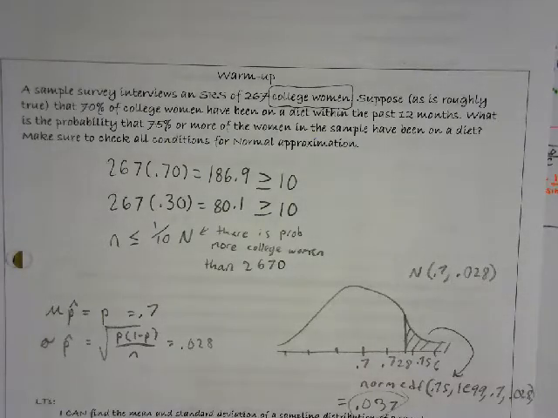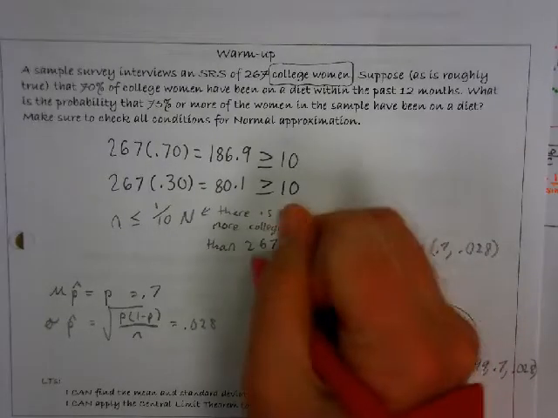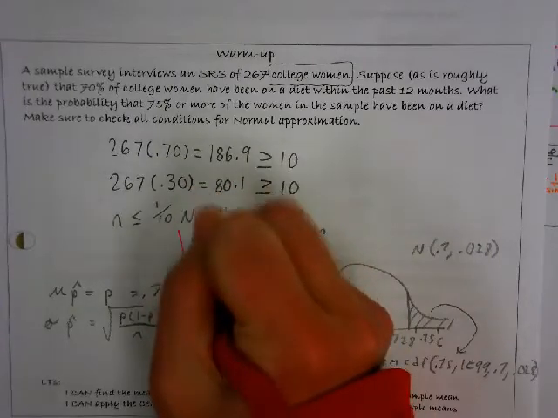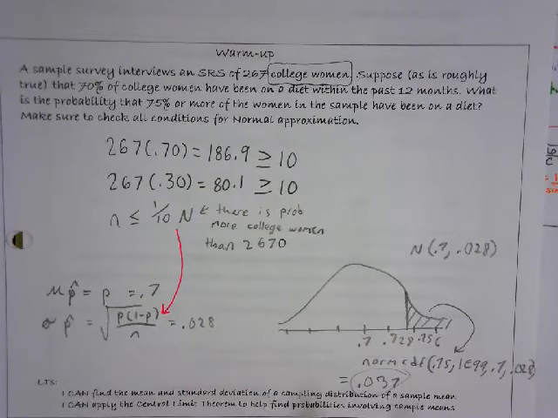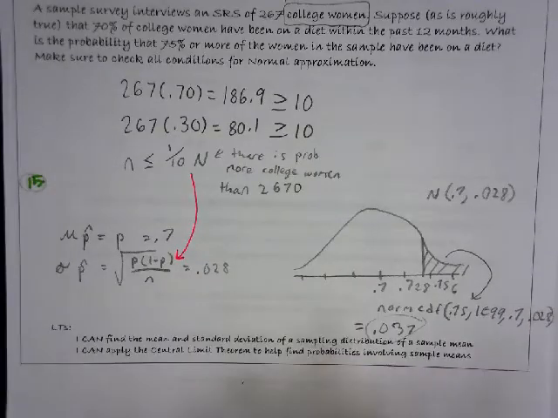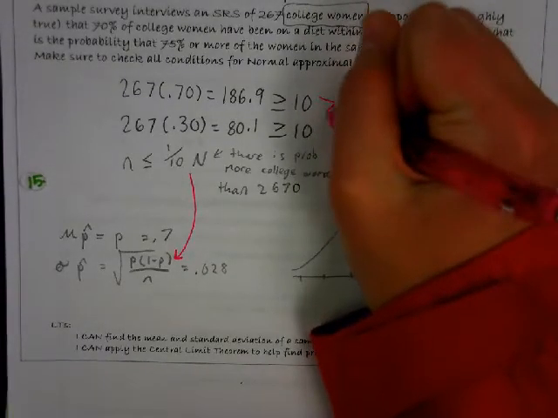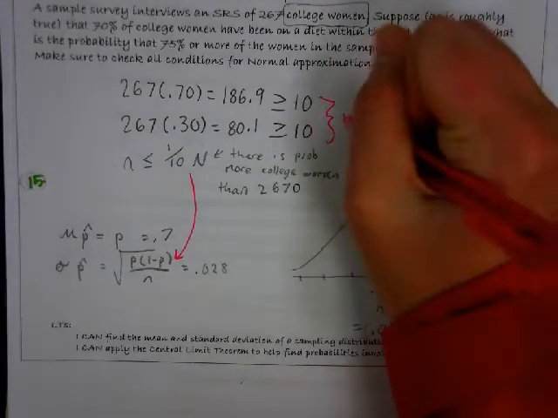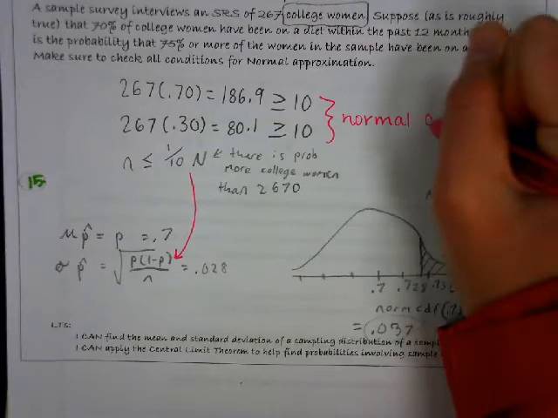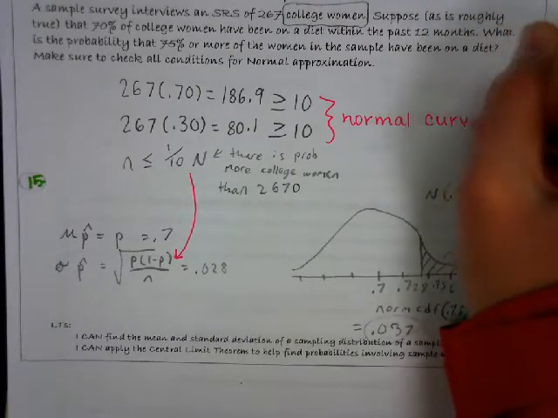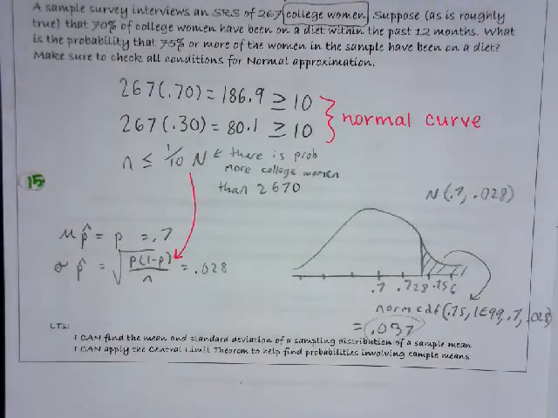After she checked that condition, which is so that we can use this formula, remember that if that condition's not met, we can't use our standard deviation formula. These first two conditions are so that we can use a normal curve and then normal CDF.